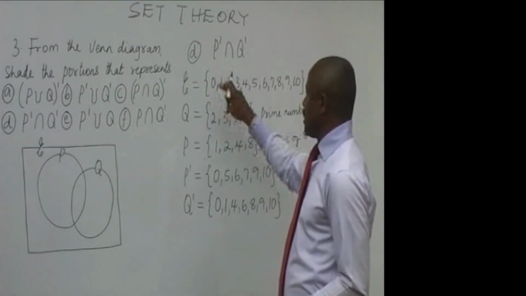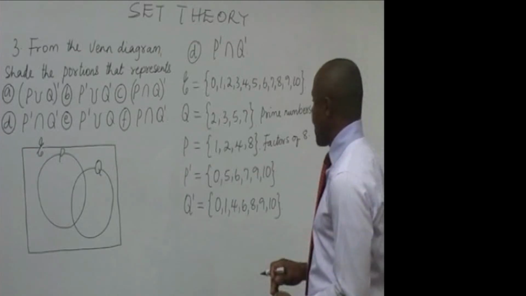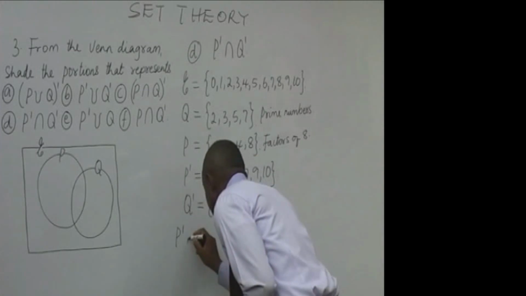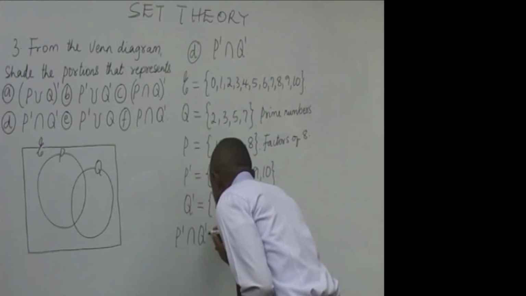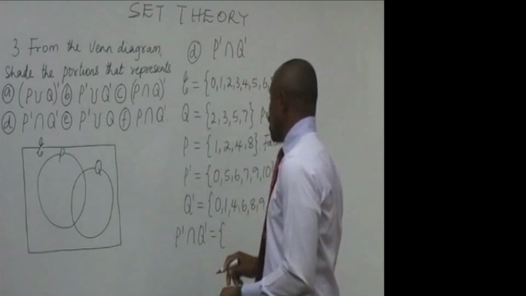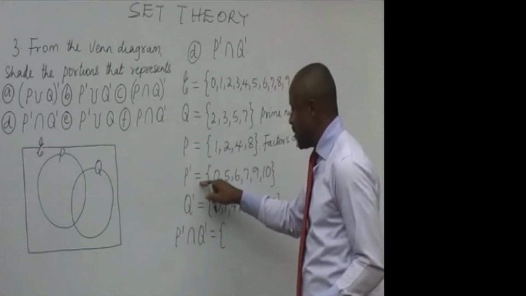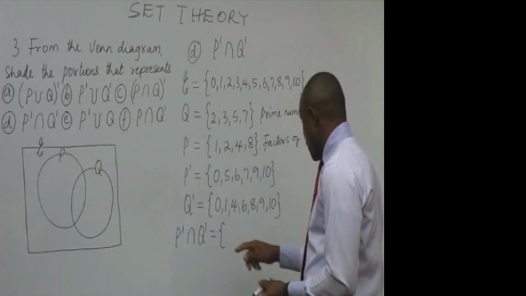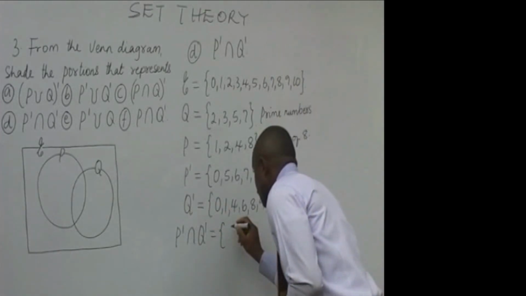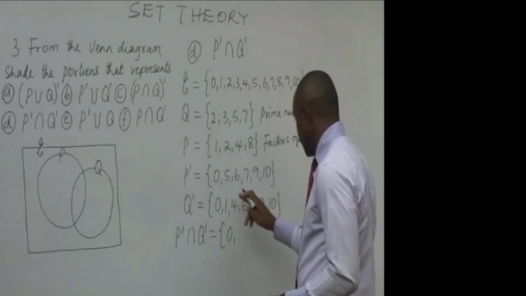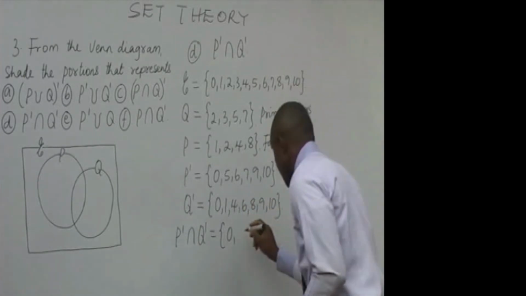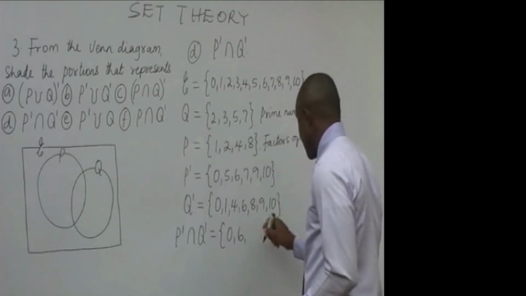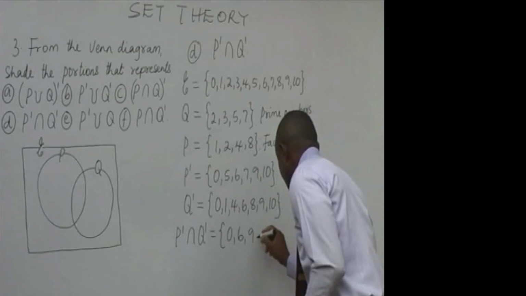Now, the real thing the question is asking is P prime intersection Q prime. Those are members of P prime that are also members of Q prime. So let's check. We have 0, we have 6, we have 9, and we have 10.